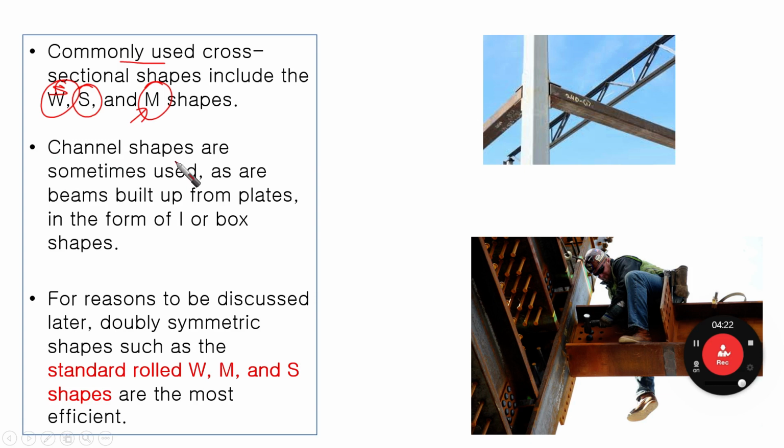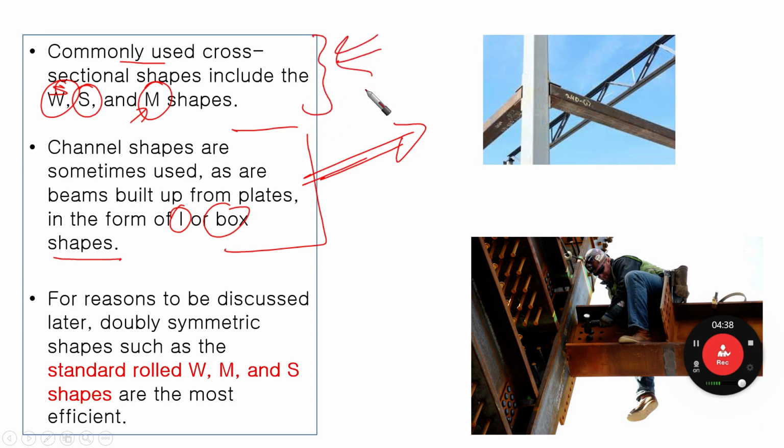Channel shapes are sometimes used, as are beams built up from plates in the form of I or box shapes. But the most common shapes are, as I said, the wide flanges, standard I sections, and the miscellaneous shape.